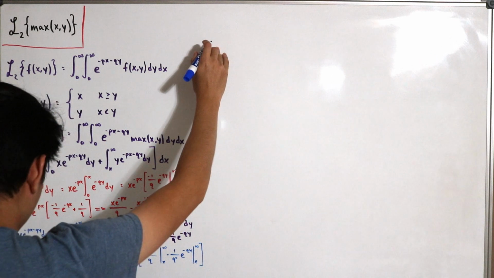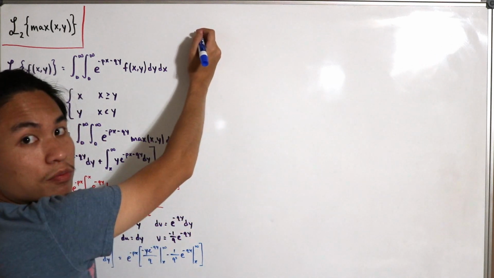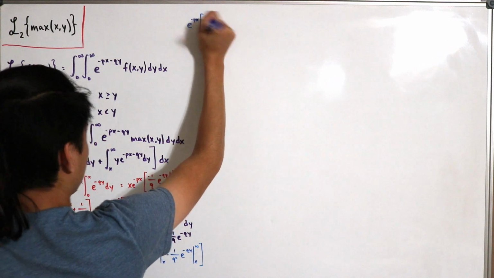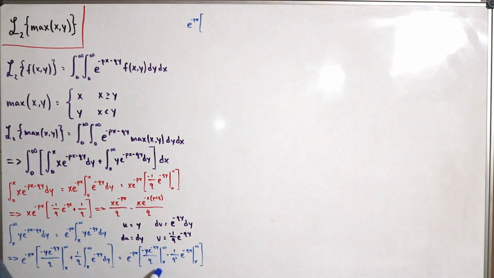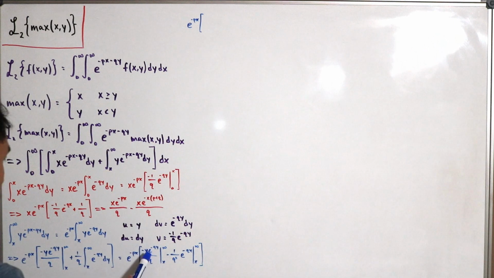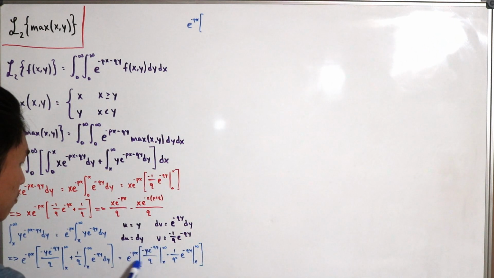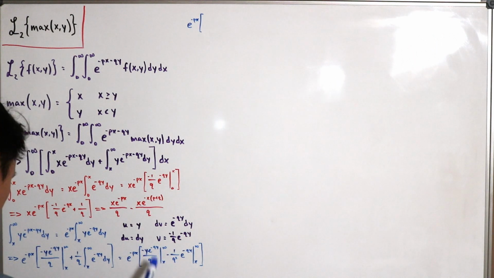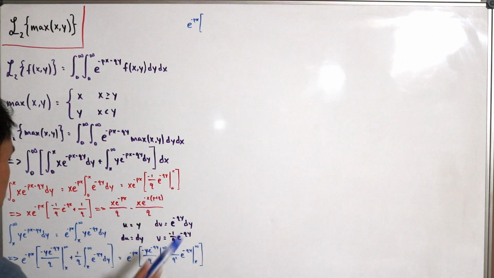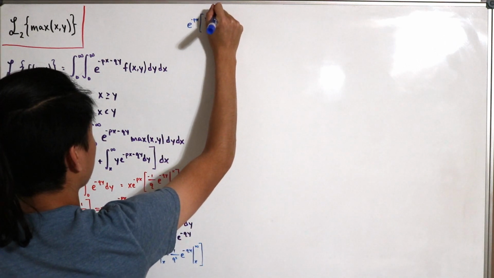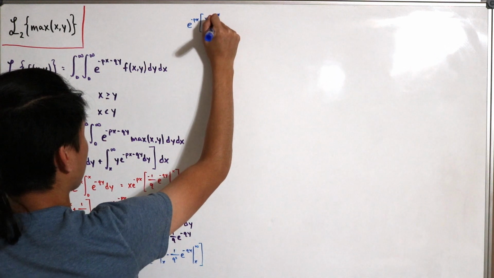Then if we calculate our bounds, we have e to the negative px, computed from x to infinity. If I plug in infinity, we have a negative e to the negative infinity, so the whole thing becomes 0. Then you plug in x, and that becomes a positive since it's a minus, so this will be x e to the negative qx, divided by q.